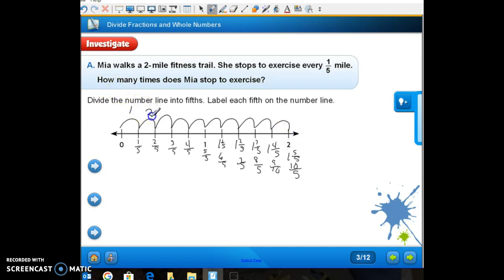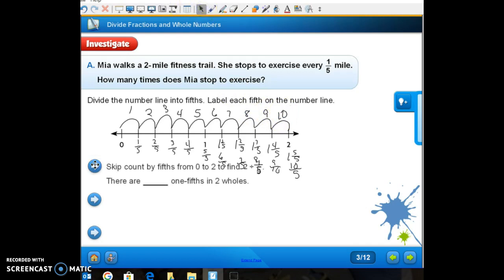If we label each of our little humps, when we label this last one, we would have 10. Skip count the fifths from 0 to 2 to find 2 divided by 1/5. There are how many 1/5? 10.